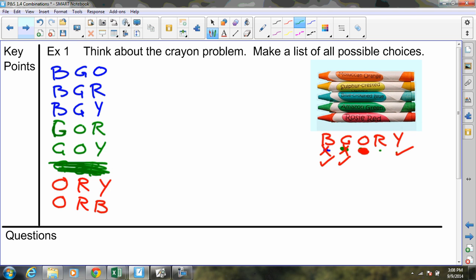Next we can go on to red, yellow, blue. Do we have that one? Okay, so red, yellow, blue. What about red, yellow, green? We have that.